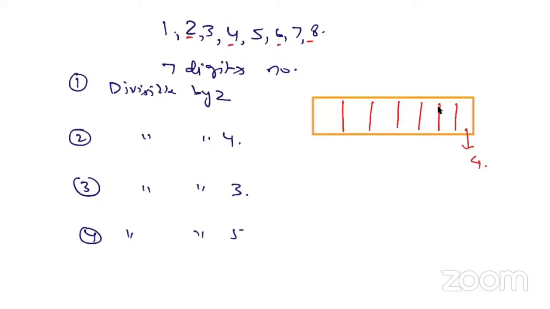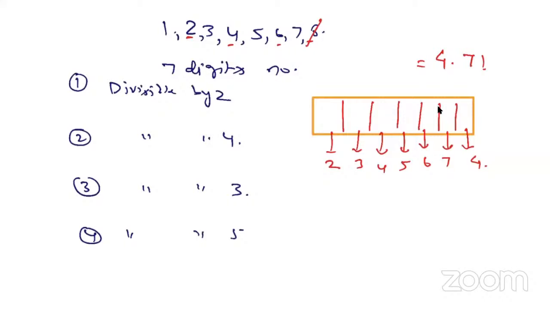So we have used 1, so now we have 7, 6, 5, 4, 3, 2. Or we can say 4 into factorial 7, 20160, right?